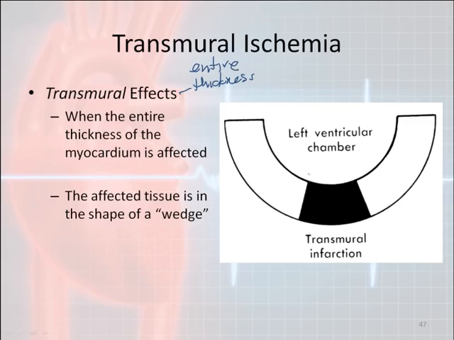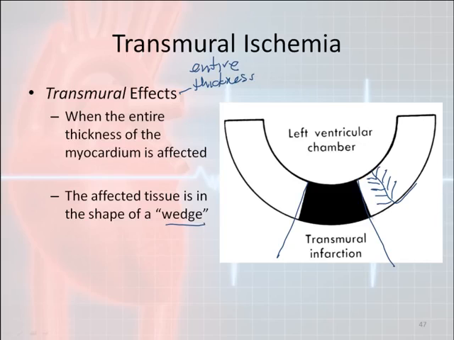If you look over here, it's in the shape of a wedge. As you can see here, it goes out this way and out this way. There's a reason for that, and a lot of people say, oh, it's because of the curvature of the myocardium. That's not entirely accurate. What happens is the surface coronary arteries, as they head down into the endocardium, branch off with collateral circulation.